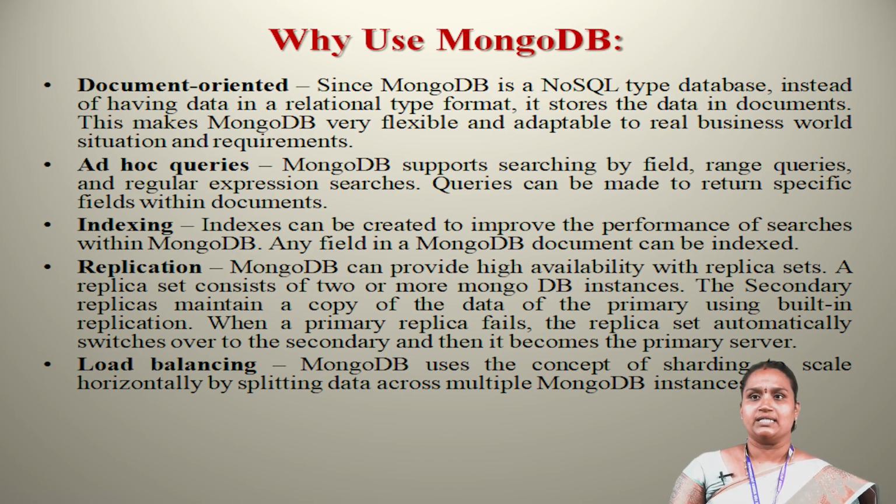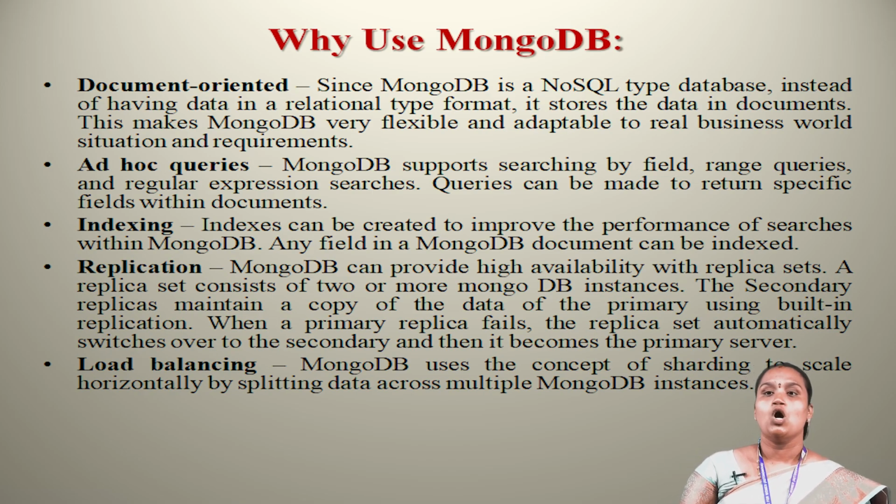Ad hoc queries. MongoDB supports search by field, range queries and regular expression searches. Queries can be made to return specific fields within documents. Indexing. Indexes can be created to improve the performance of searches within the database. Any field in the MongoDB document can be indexed.